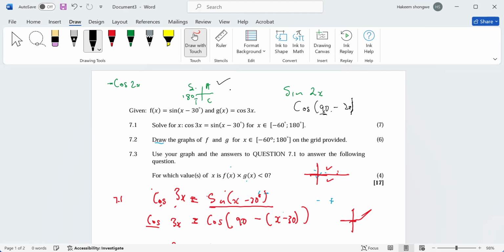Cos on the first quadrant, all of them, they are positive. Because 90 is a reducing angle, 90 and 270 have the ability to reduce and change a trig ratio. So if it's cos, it's going to become sine. So I'm going to write this as the sine of 2x. So cos of 90 minus 2x and the sine of 2x are exactly identical.